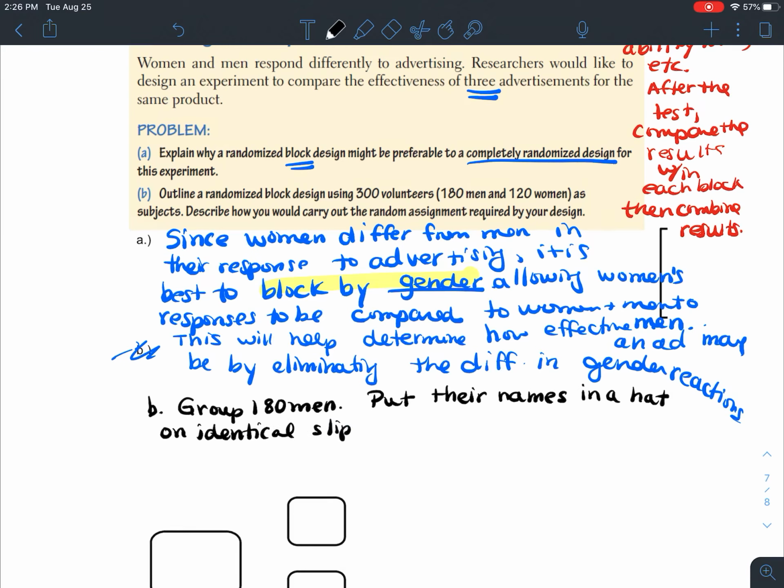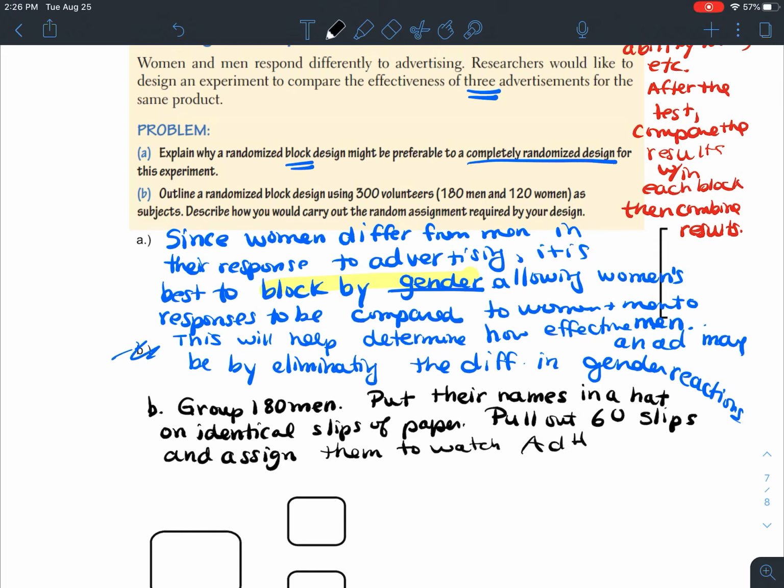I'm just going to say, put their names in a hat on identical slips of paper, pull out, now I want a third of the 180, so pull out 60 slips, okay, 60 slips, and assign them to watch ad number 1.